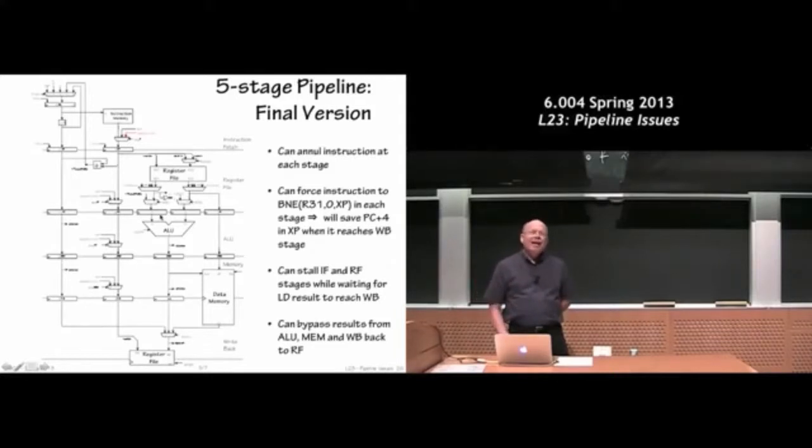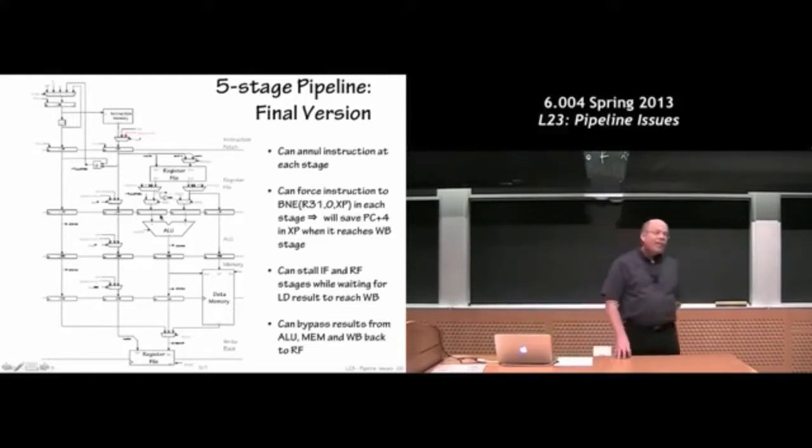Okay, and then you say, well, don't forget, Chris, you've been no-opping instructions right and left. Remember when we no-opped instructions? Because of branch delay slots, because of the structural data hazards caused by the load data hazard where we had to stall the pipeline.